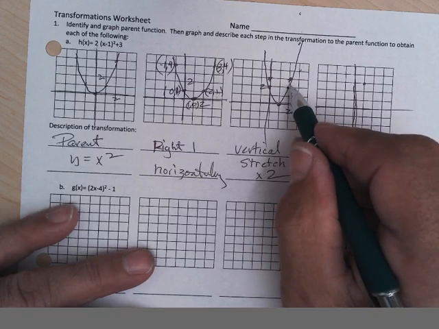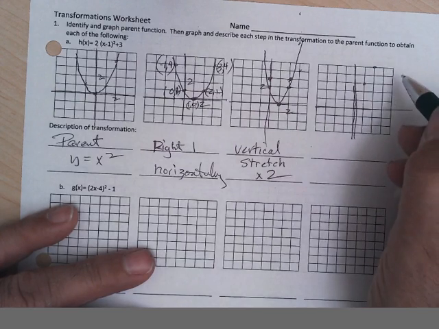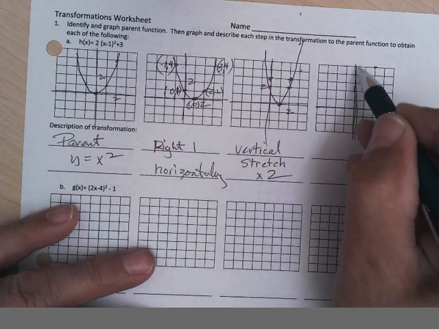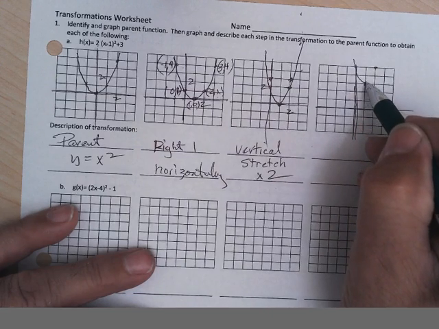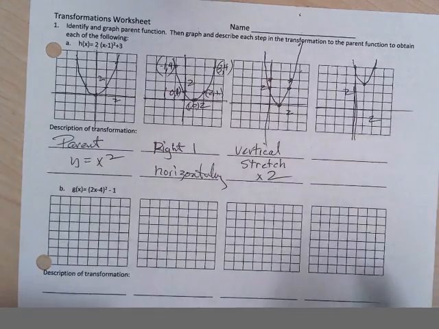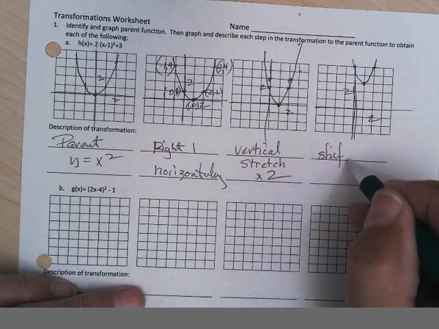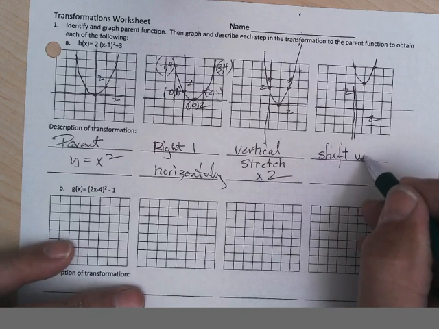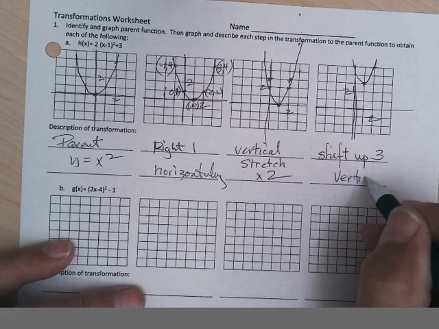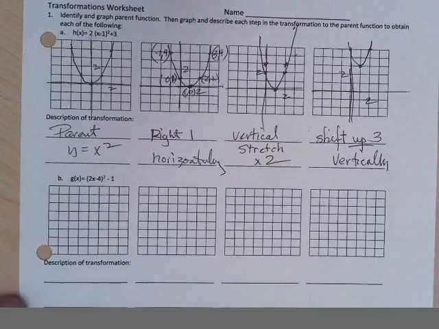This is 2, 2 becomes 2, 5. 0, 2 becomes 0, 5, and it's there. And so shift or translate up 3, that's vertically. Up implies vertically, so it's not necessary to say vertically.